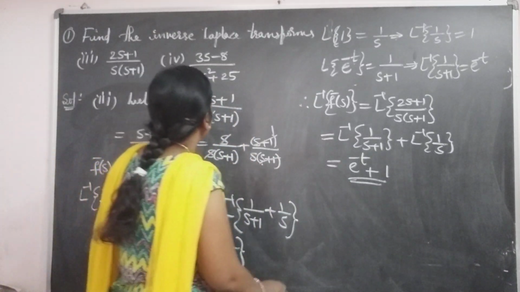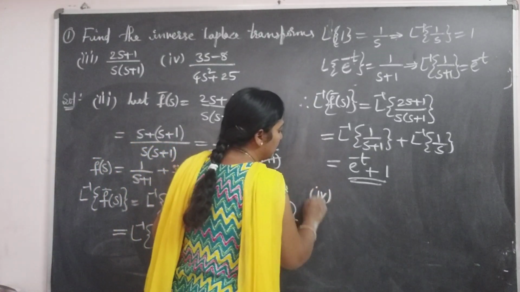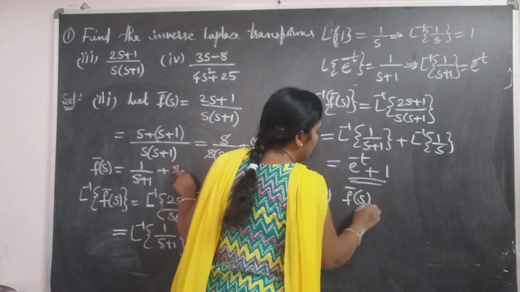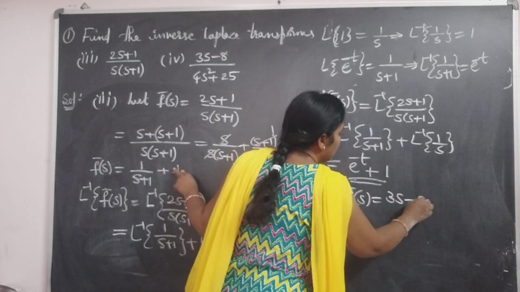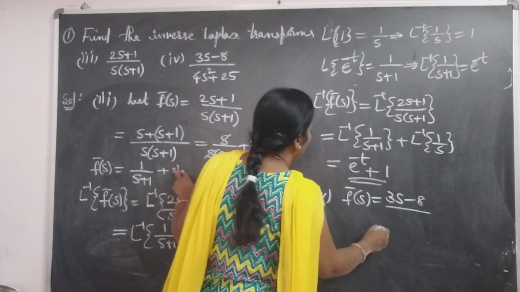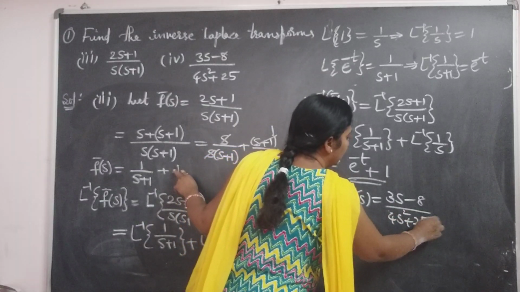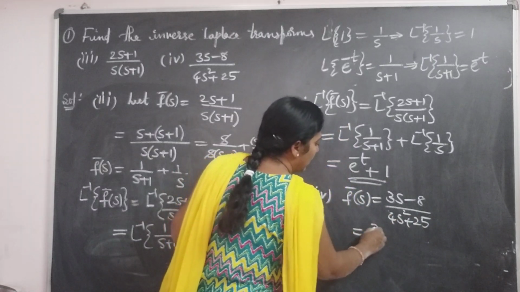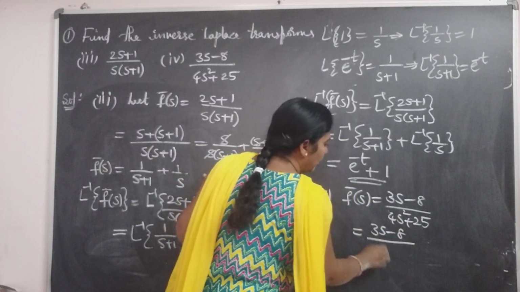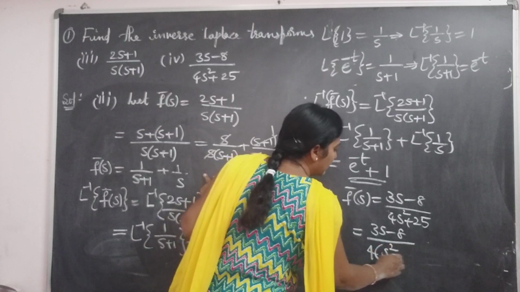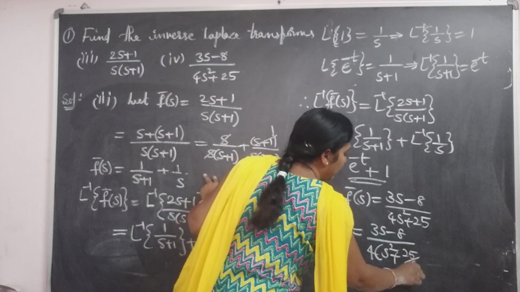Next, fourth one. Let f bar of s is equal to 3s minus 8 by 4s square plus 25. Here, in the denominator, taking 4 common, it is s square plus 25 by 4.